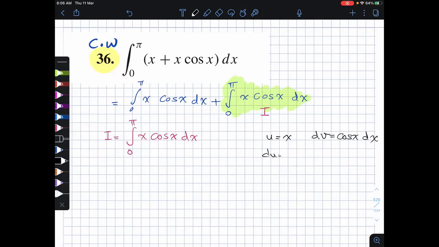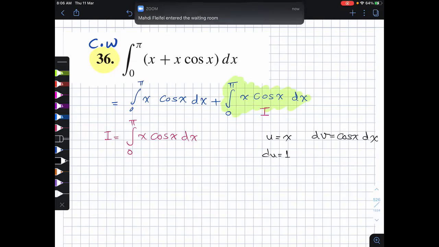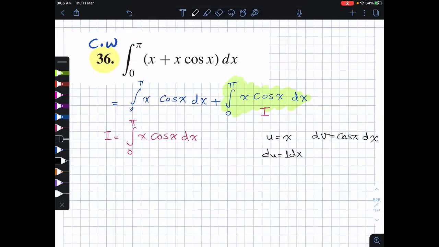Then the derivative, du, is 1 dx, sure, 100%, because the derivative of x is 1. And then we're going to find the integral of dv, which is v, equal to the integral of cosine. We know that it's sine x.